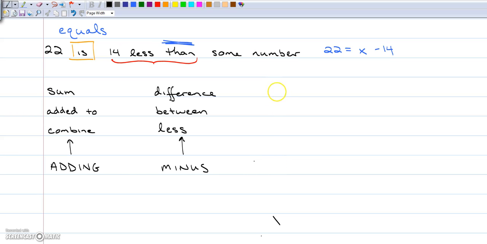Multiplication, the words are product, times, by, or of. Those are talking about multiplication.